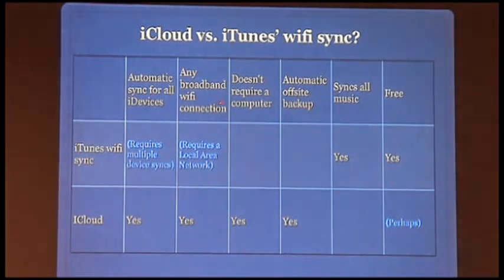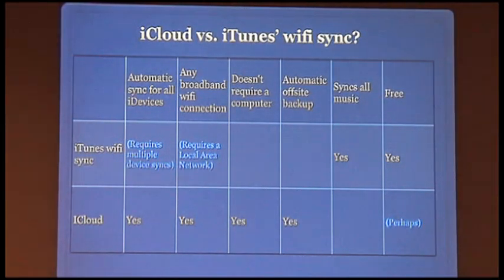Any broadband Wi-Fi connection, well, iTunes, you have to be at home, or you at least have to be at the same Wi-Fi location with your computer and your iPad or your iDevice. And they've got to be iTunes brought up. So you have to manually take action, and they've got to be together on the same local area network.